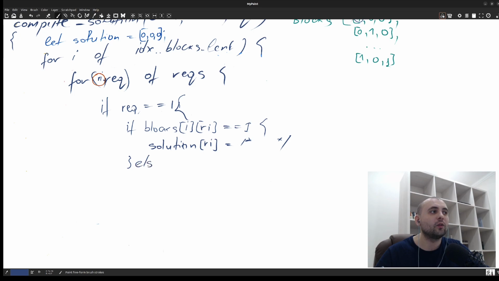Else, though, we'll need to increment the distance for our stuff. So blocks, actually not blocks, but it will be something like solution of Ry plus equal 1, because we are moving 1 distance on the right side, so we'll increase it to 1.